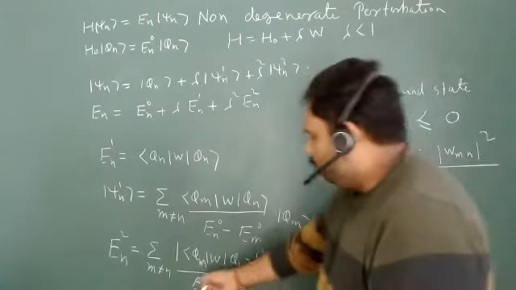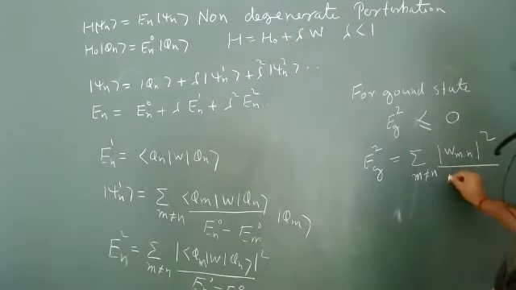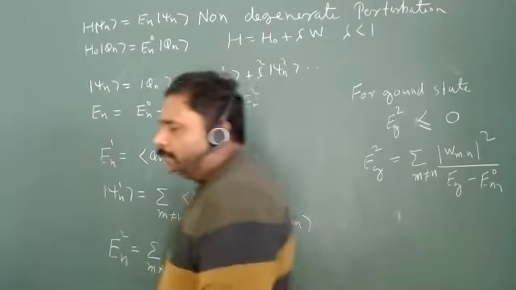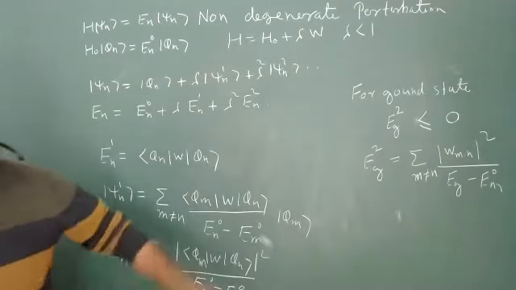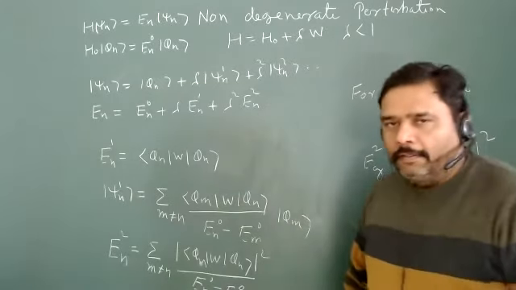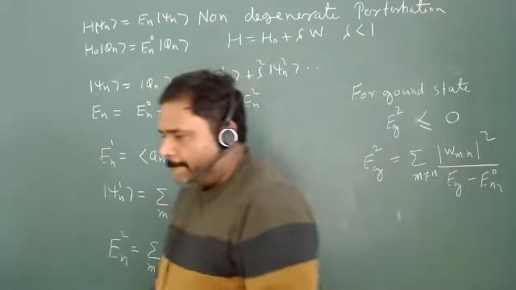And what about this value? This value is E ground state minus all other possible values of m. So all other possible values of Em will always be greater than Eg. Are you comfortable? Yes, sir.